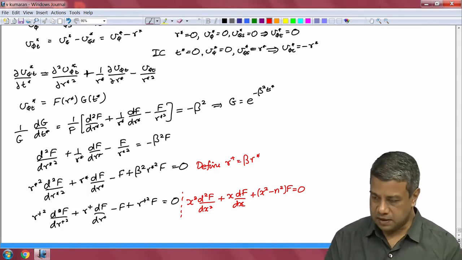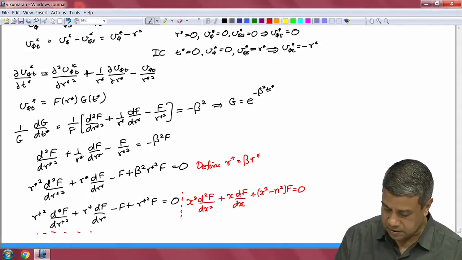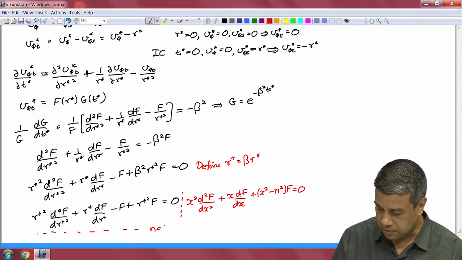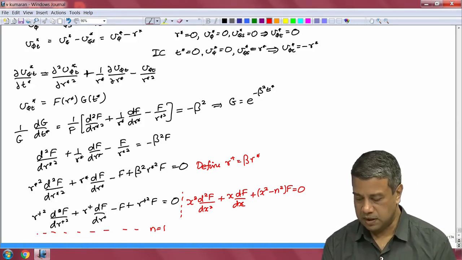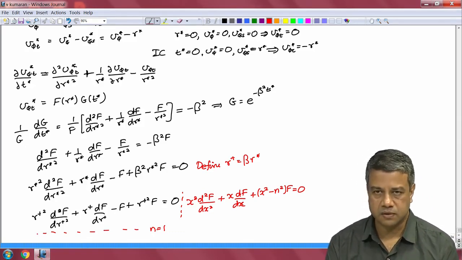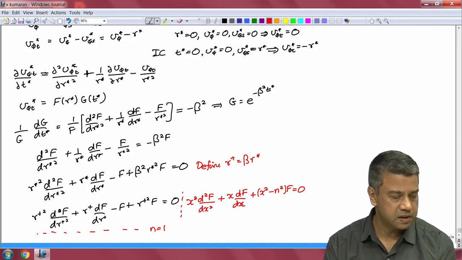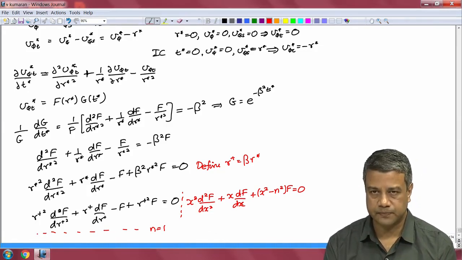And you can see that this is the same form as the Bessel equation with n is equal to 1. So, therefore, the solutions of these are Bessel functions with n is equal to 1.